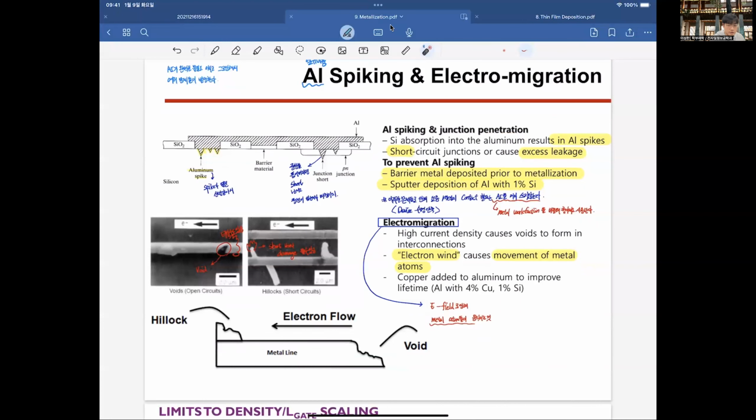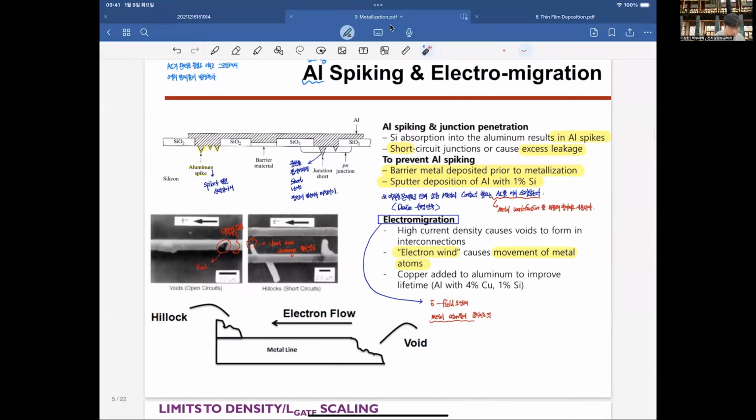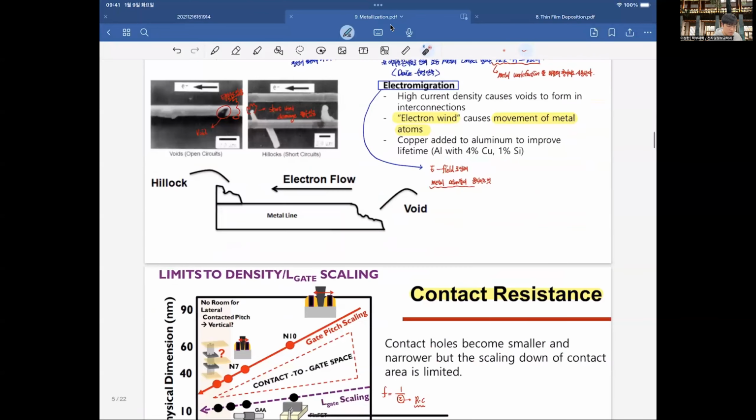And electromigration means that when they apply an electric field, the metal atoms move because of the electric field. So it makes an empty space and there are many more atoms in the line. This has several problems, so we rarely use this in the process metallization.